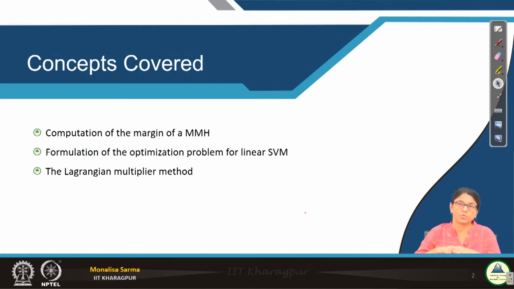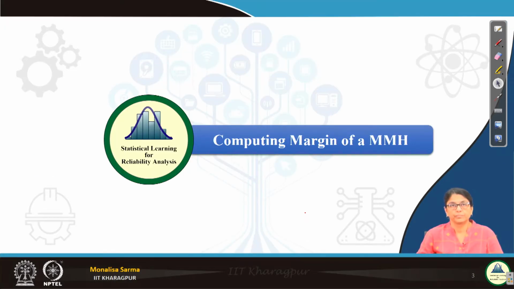We will see how to formulate this as an optimization problem, and to solve this optimization problem we use the Lagrangian multiplier method, which we will be discussing in this lecture. First is computing the margin of the maximum margin hyperplane.